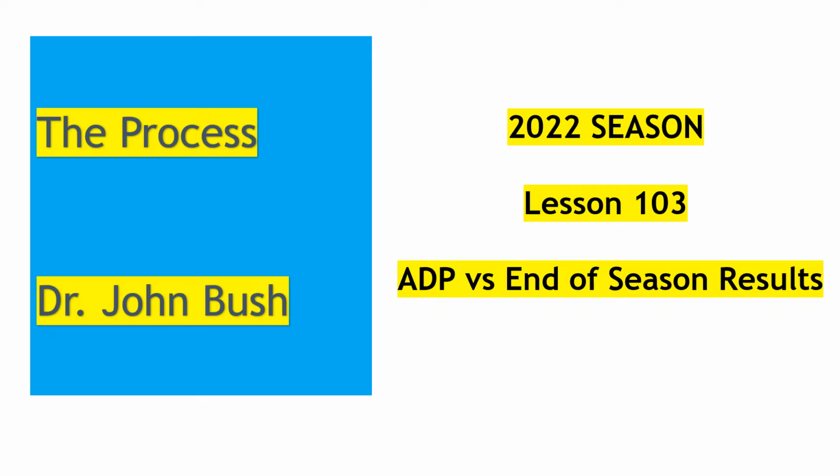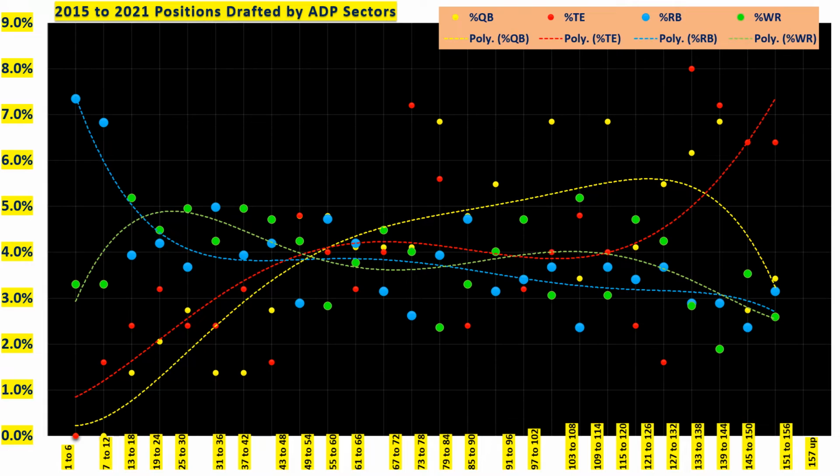And I was in the middle, certainly in the last lesson, of looking for patterns, positions drafted per block of ADP picks. So I arbitrarily picked 6 as that slice. What I mean by 6: it would be 1st through 6th, 7th through 12th, 13th to 18th pick, 19th to 24th, etc., all the way to 150 picks way back.